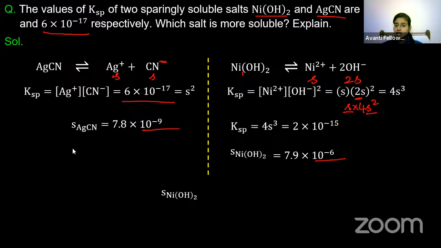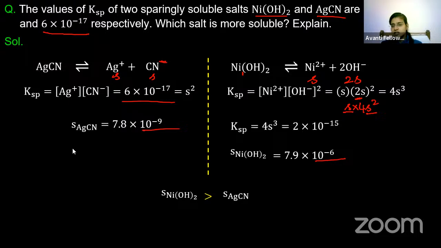Which is the bigger number of those two? 10 power minus 6 or 10 power minus 9? Yeah, it is 10 to the power minus 6. Nickel hydroxide is more soluble than silver cyanide because the solubility of nickel hydroxide is greater than the solubility of silver cyanide. Okay?